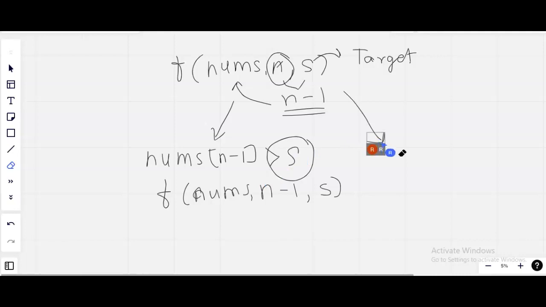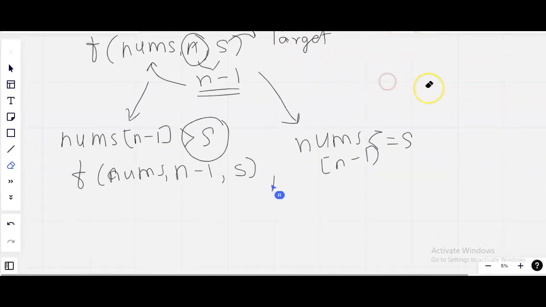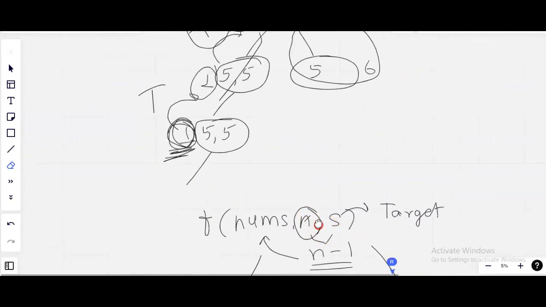But if nums of n minus 1 is less than or equal to the sum, that means the sum is big enough to take our current element. So in that case, let us just go here.